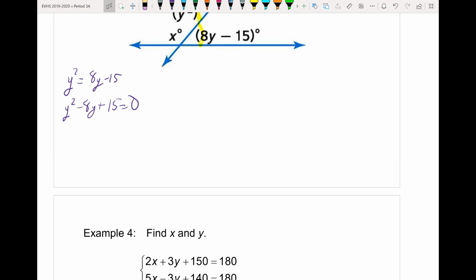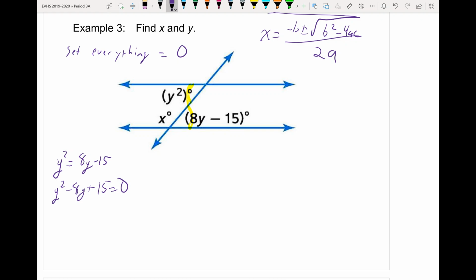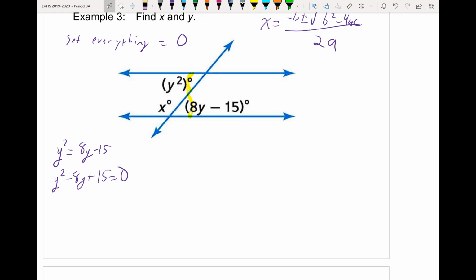Okay, so if this right here is the brute force method, then what we're about to do is more of a finesse approach, okay? It makes the actual solving process so much easier, but you've got to have your skills to do it, okay? We're going to factor this guy.